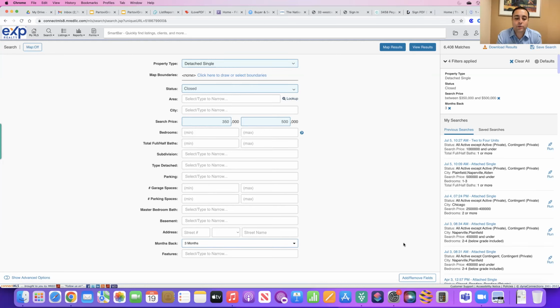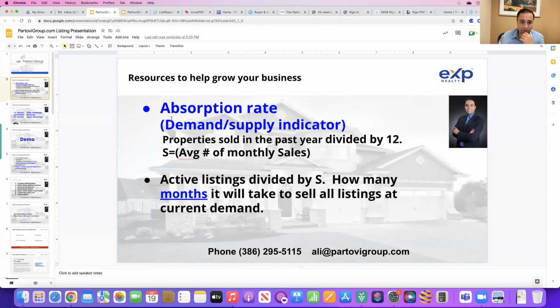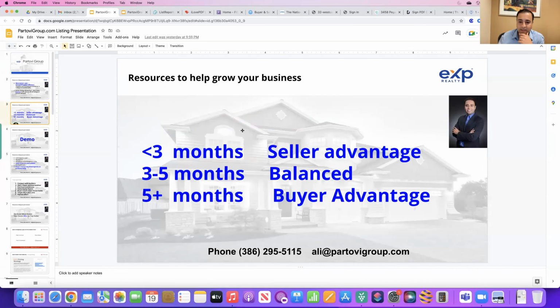So unfortunately you can't say what it was between February and March, unless the MLS gives you that data. But more importantly, even when we did 90-day versus 12-month, the numbers were still pretty much the same. The decimal was a little different. But as I said, if we look at the key, if it's less than 3 months, there's more demand than there's supply. And that's the key, whether you're talking with a buyer or a seller. Okay, thank you. Sure.